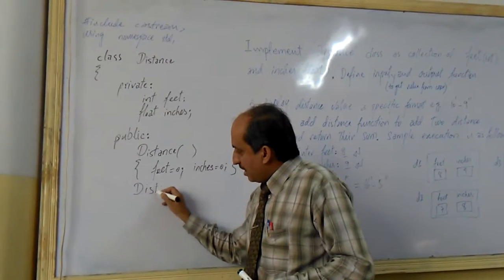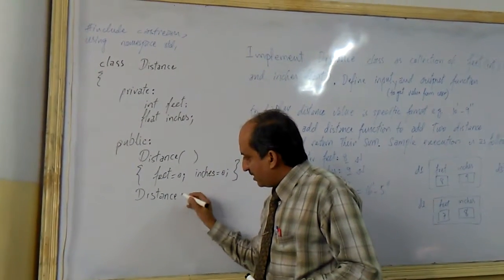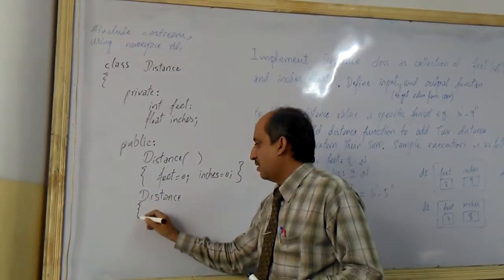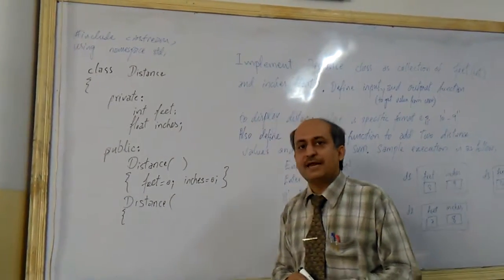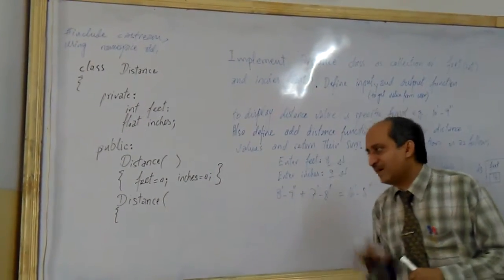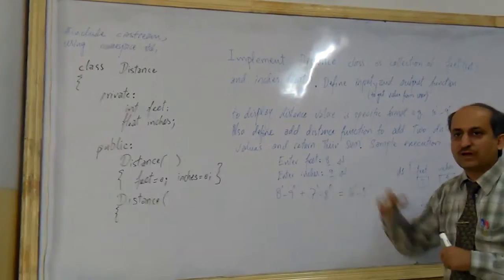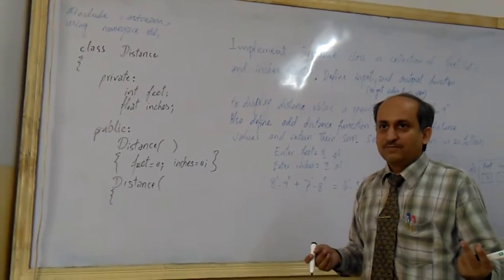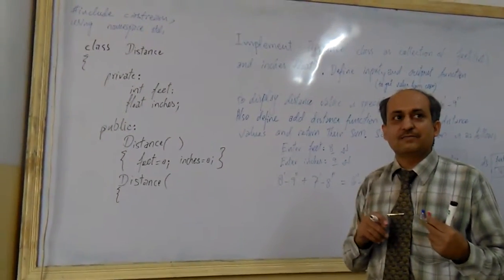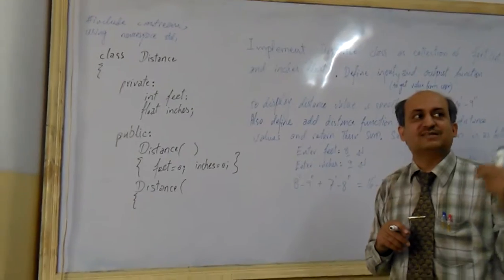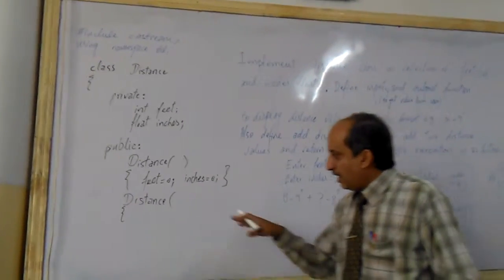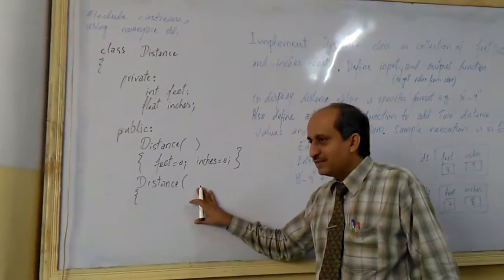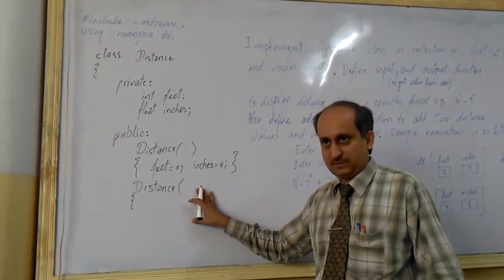Now, I may also need to define another constructor for initializing any distance object with some specific values. As in this program, it is required that the second value should be provided by the programmer. For initializing that second object, I want to define a constructor with arguments.